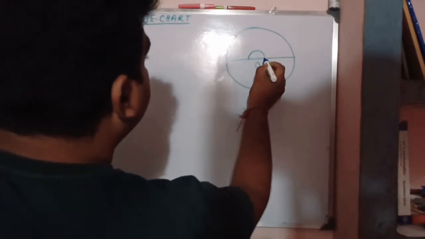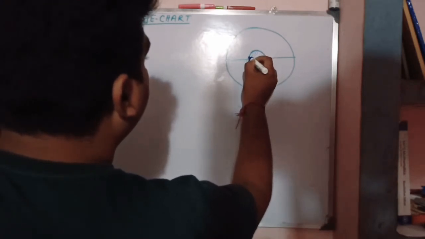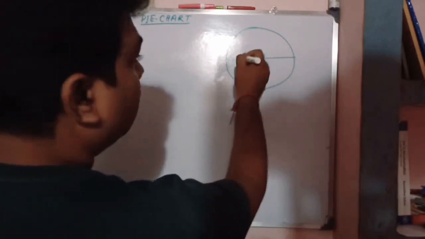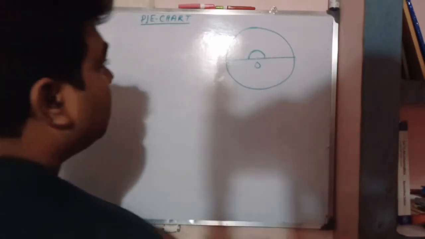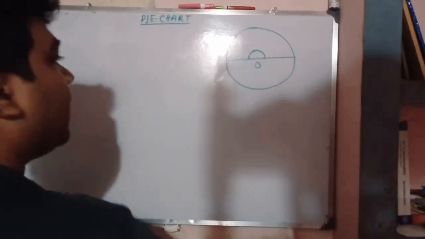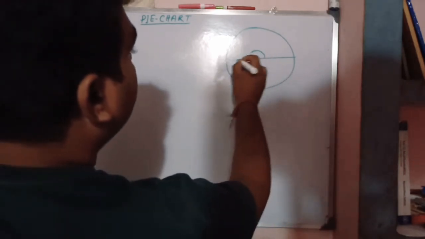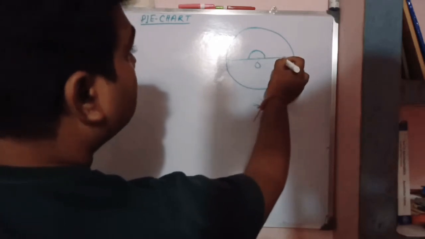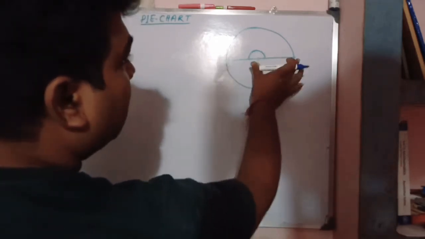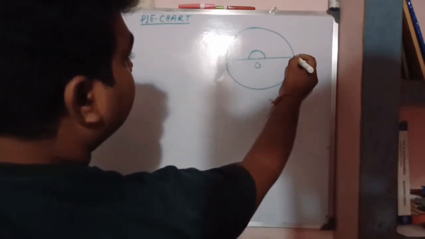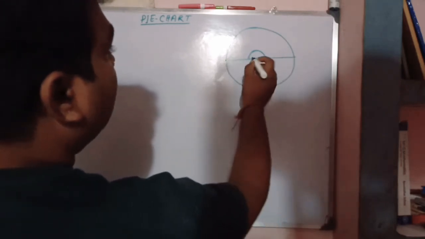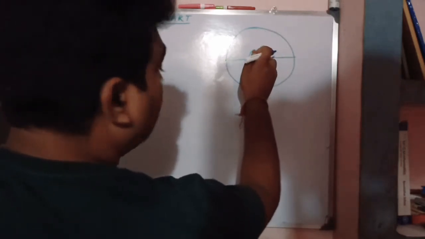If we measure this angle anti-clockwise, we always measure an angle in the anti-clockwise direction. Understood? So this is the straight line, or line segment, whatever you say. This is the diameter. So the angle here should be 180.